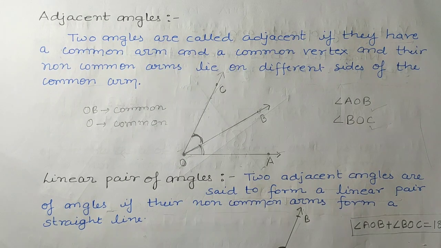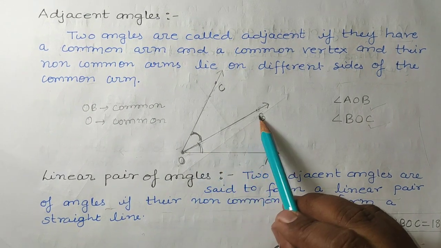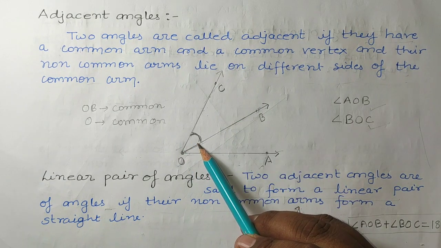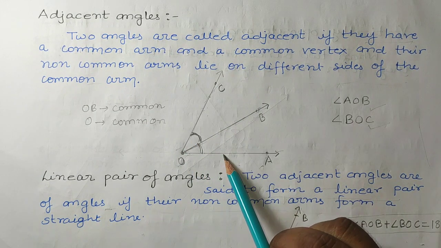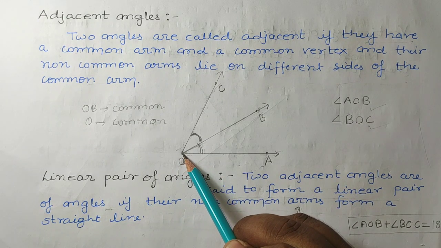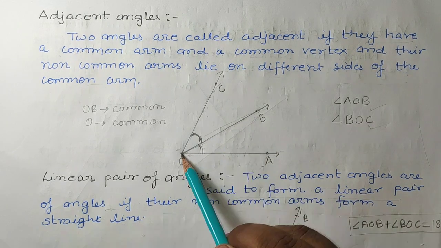After that we studied adjacent angles. I have told you students three cases that should be followed in adjacent angles. Like here, angle AOB is one angle and angle BOC is another angle. For these two angles, the first case is that their vertex should be common. The second is that one ray should be common, like here OB.